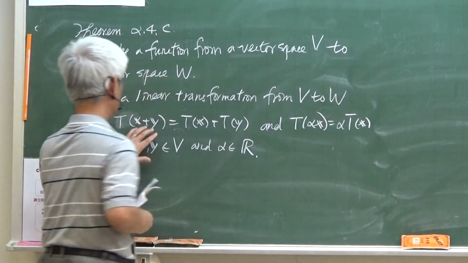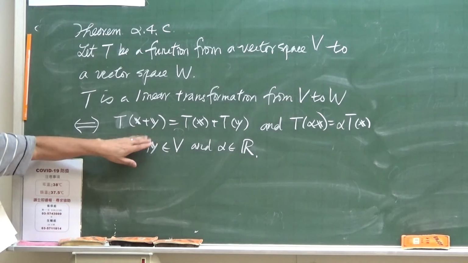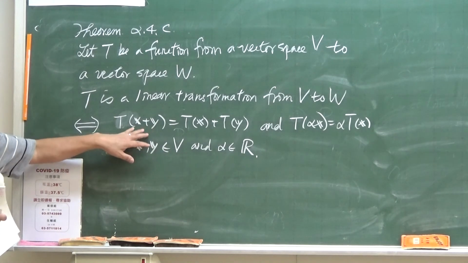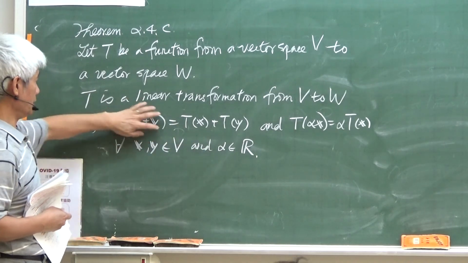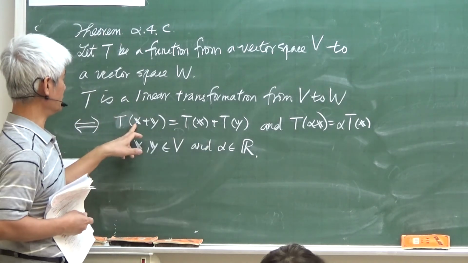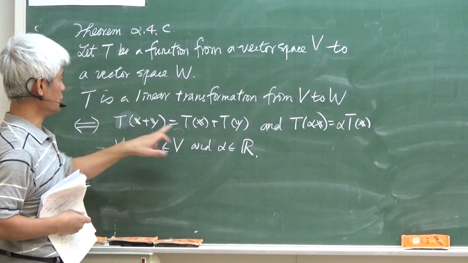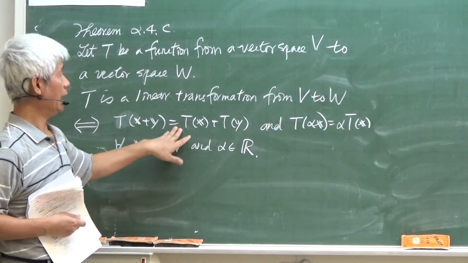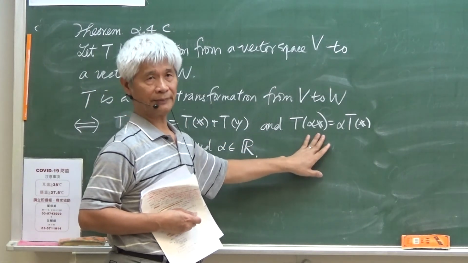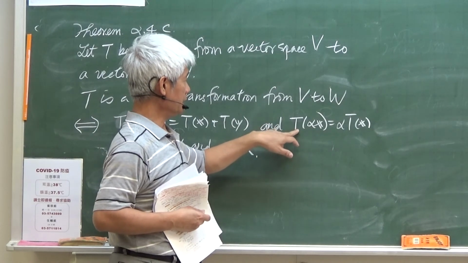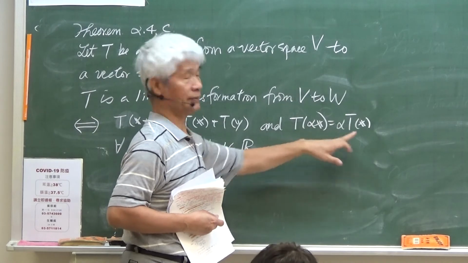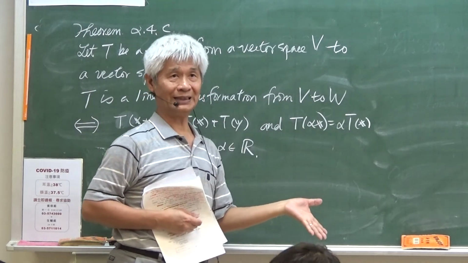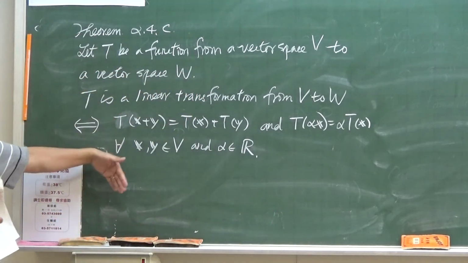First, if I sum two vectors in V together and then apply the transformation, I find that the image is just the sum of the respective images. And this is even simpler: the image of alpha times x is just alpha times the image of x.